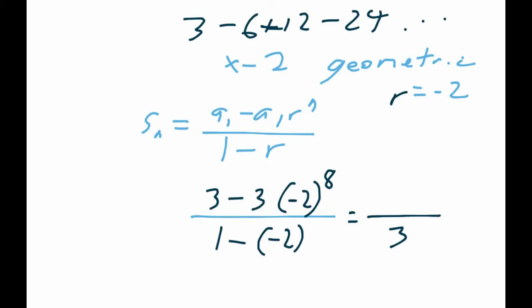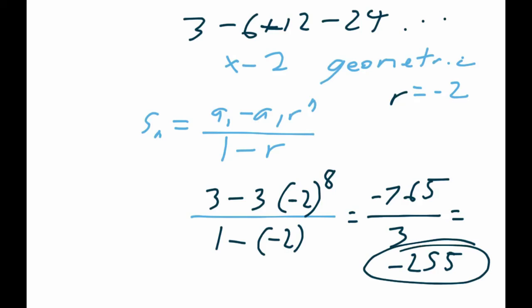In my calculator, I'm going to do 3 minus 3 times negative 2 to the 8th, and that gives me negative 765. Now when I divide by 3, we get the answer of negative 255.